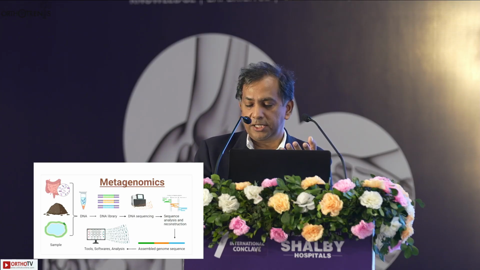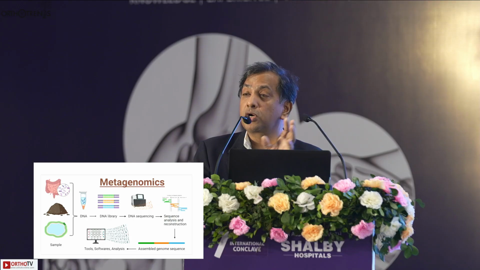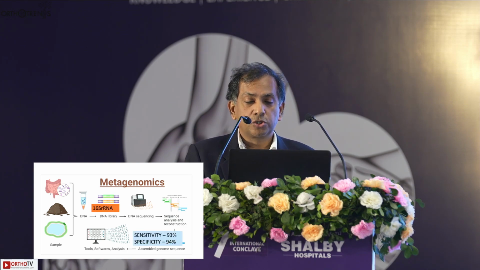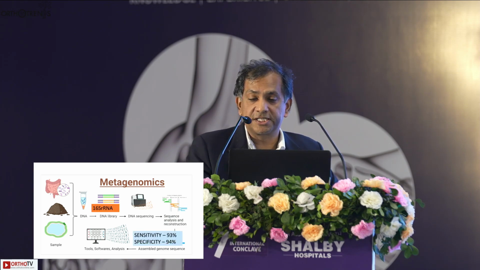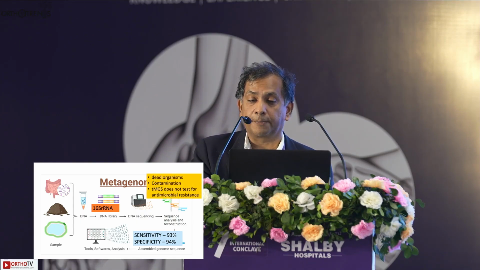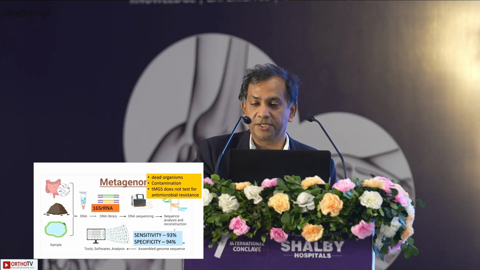And that's obviously a much longer procedure, but it's more complete. It'll tell you whatever organism there is, fungus or atypical bacteria, all those things can be picked up. And so you have relatively good sensitivity and good specificity for this next-gen sequencing. But again, the problem is that you can pick up these dead organisms and contamination.